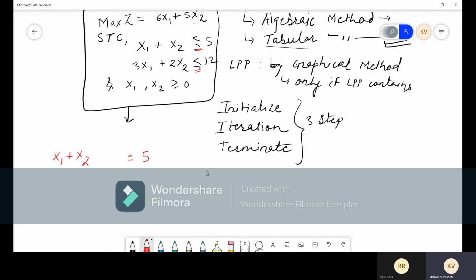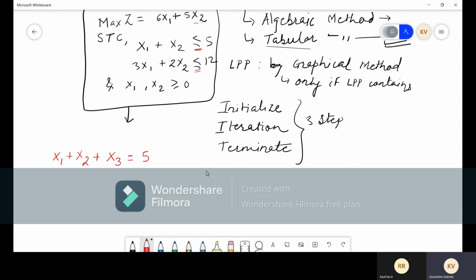Now originally it is less than or equal to 5, so what we are doing is adding one slack variable. Here we have only two variables in the original LPP, so we will start the slack variables with x3. So we'll add one slack variable.